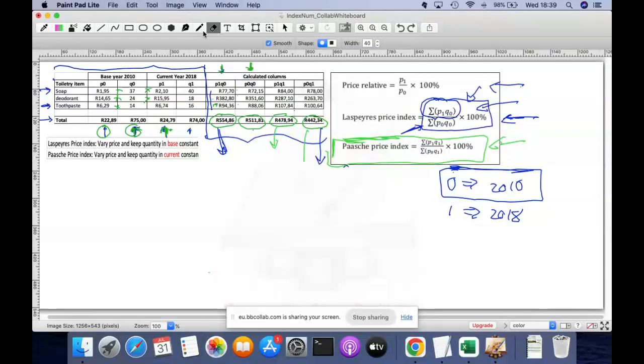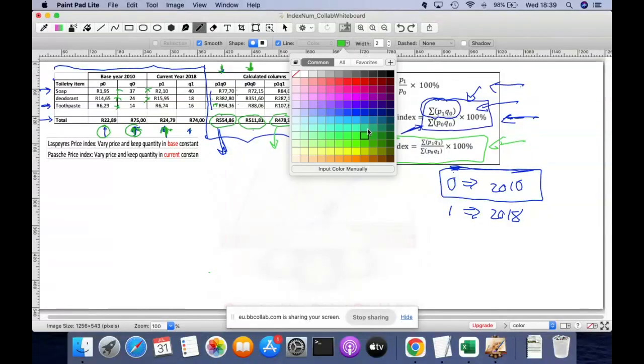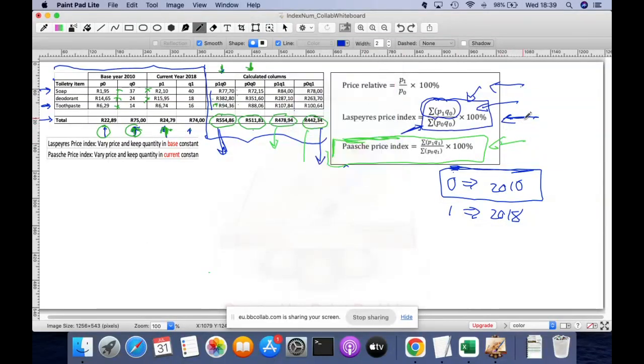Sometimes you can get asked, let's take an example. So far, if you look at these equations that we have here, we have the Laspeyres price index and the Paasche price index. But we're not given the Laspeyres quantity index. That's not in your formula sheet, but you could get asked that. It is a possibility.